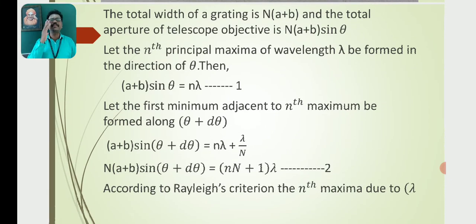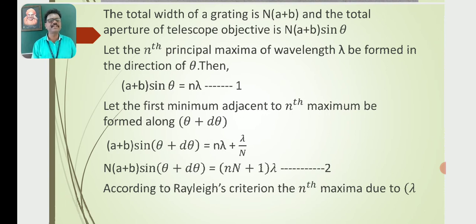So the total width of the grating is n into a plus b, where a plus b indicates the grating element and n is the total number of parallel lines or slits present in the grating. So n into a plus b gives the net width of the grating. And the total aperture of the telescope objective is n into a plus b, sin theta.